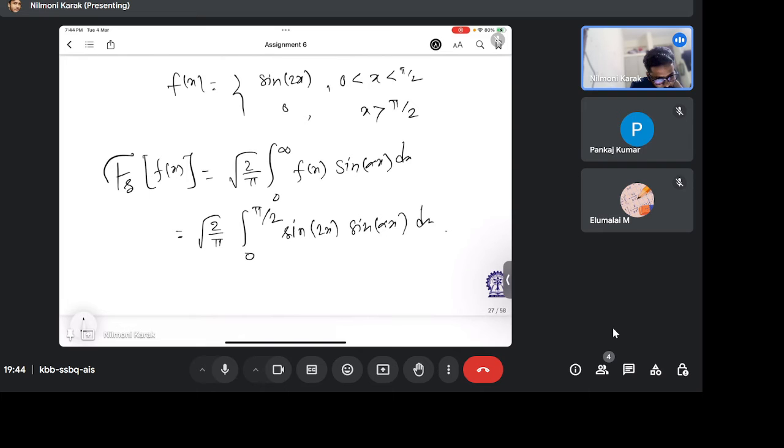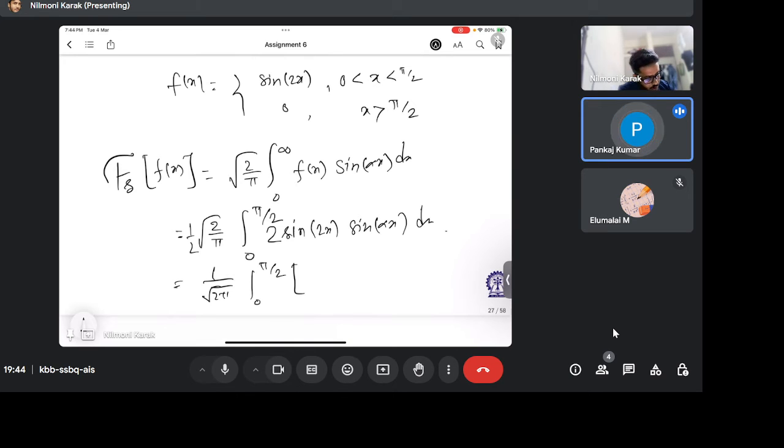So you know the formula for sine A sine B, right? 2 sine A sine B equals cos A minus B minus cos A plus B. So now this is 1 by root 2 pi, integral 0 to pi by 2 of cos of alpha minus 2x minus cos of alpha plus 2x.